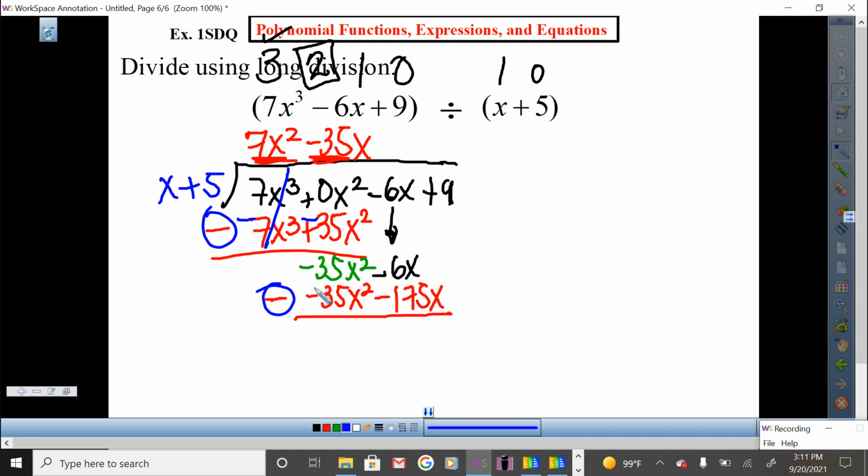So therefore we distribute, this cancels. So what's 175 minus 6? 169x. Are we done? No, we have one more term. Bring that down. Plus 9. So, what would go here? Tell your neighbor, please. What would go there at the end?